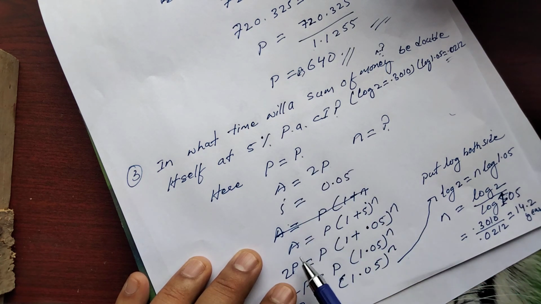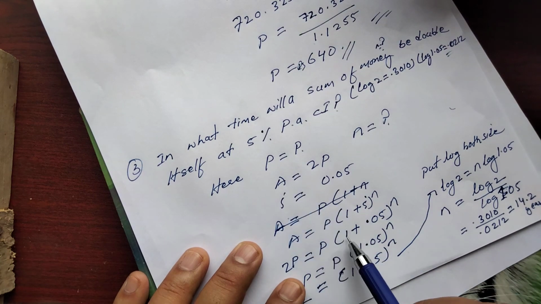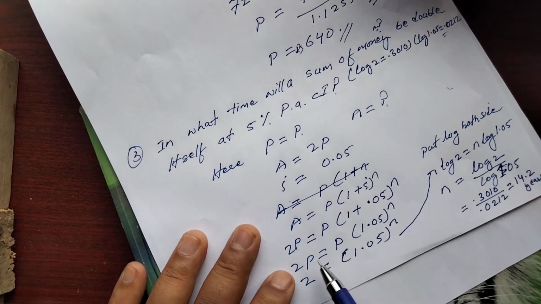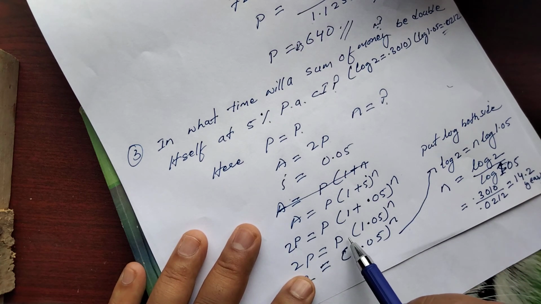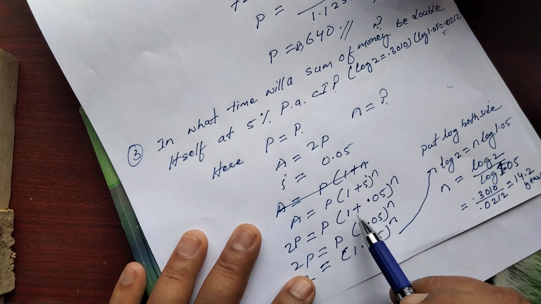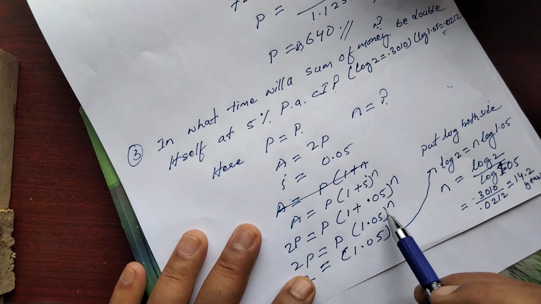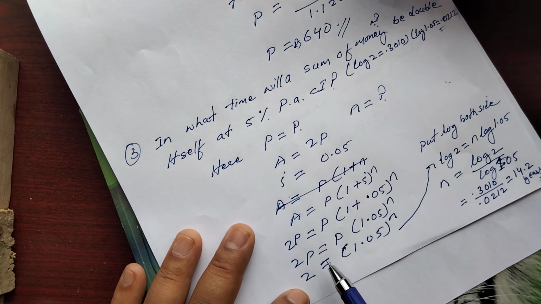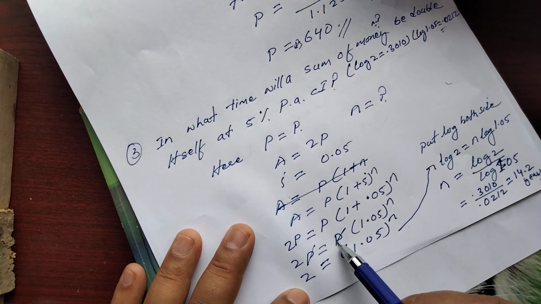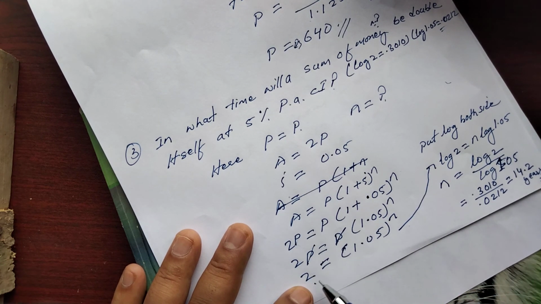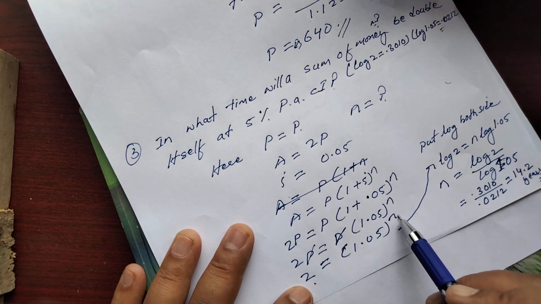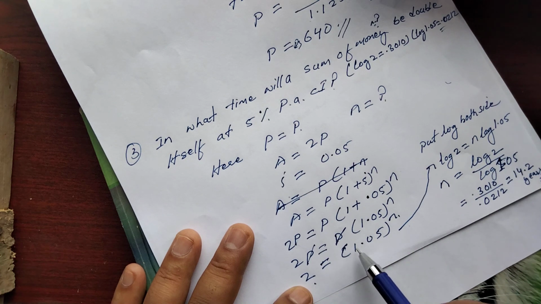You know that A is equal to 2P and P is equal to P only. 1 plus 0.05, you know that, in bracket N. Okay, so 2P is equal to P. You add this inside, 1 plus 0.05, that will be 1.05 in bracket N. Okay, so 2P, P cancelled, you can cancel it now, remain 2 is equal to 1.05 in bracket N.